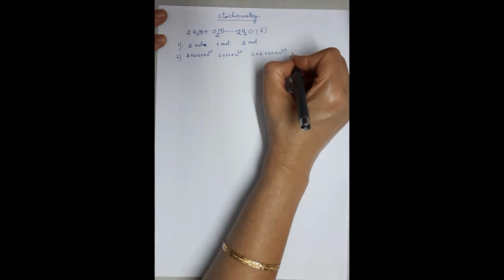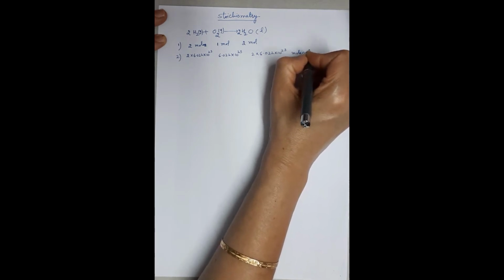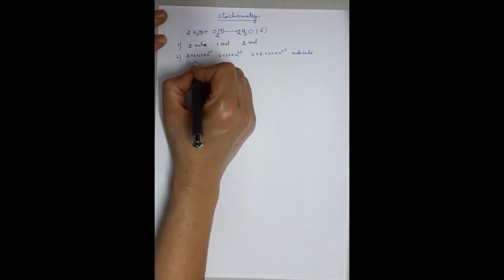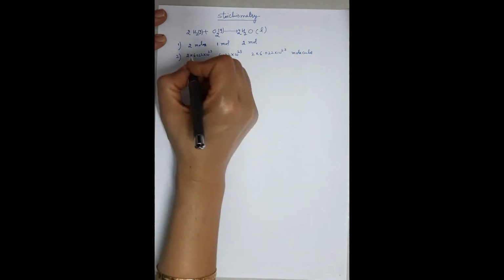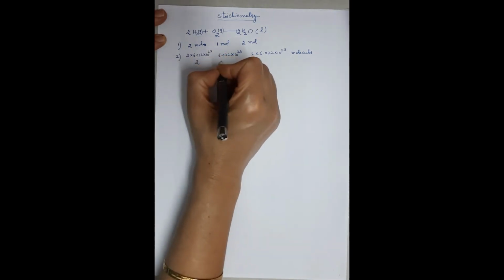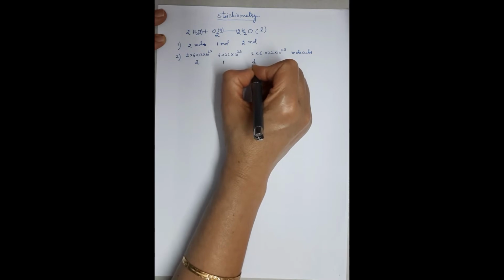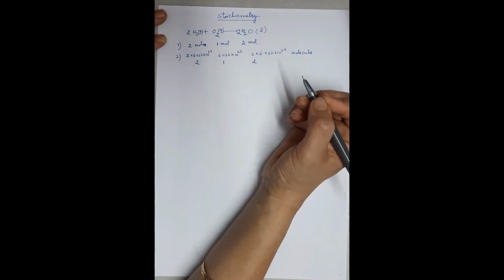This is in terms of molecules also we get the information, and simplest ratio is in what ratio molecule wise they are reacting together. It is 2:1 and 2 molecules are produced.